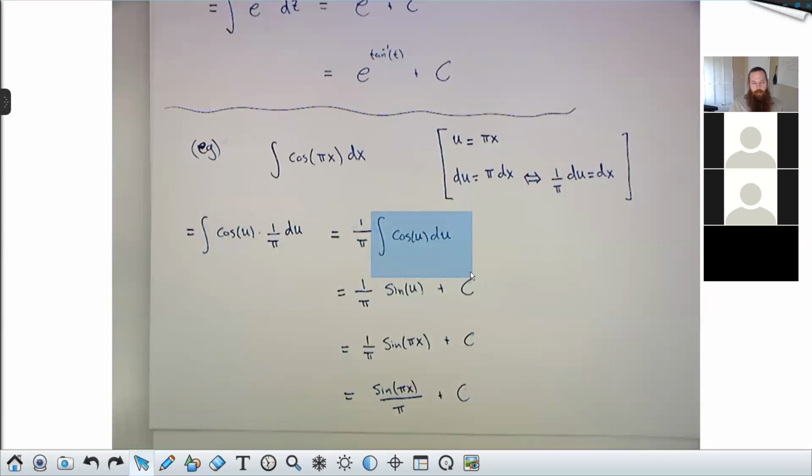And then I'm just left with the integral of cosine u du, which is an integral I know how to handle. An antiderivative for cosine u is sine u. So the 1 over pi comes along for the ride, and I get 1 over pi times sine u plus a constant. And then you go back to the original variable.